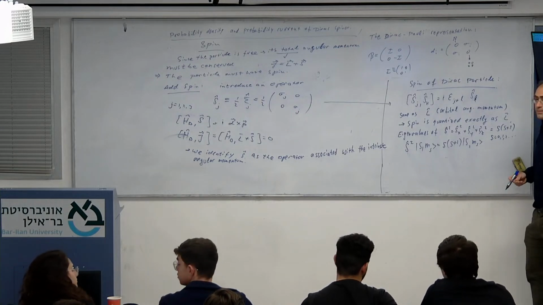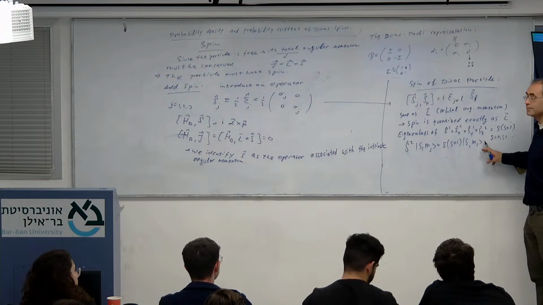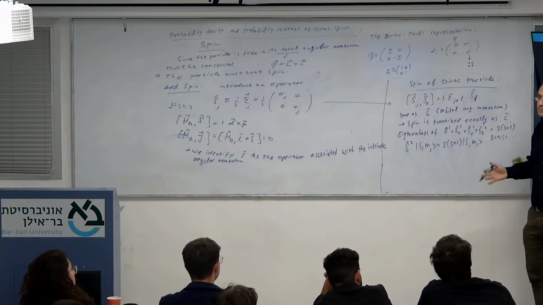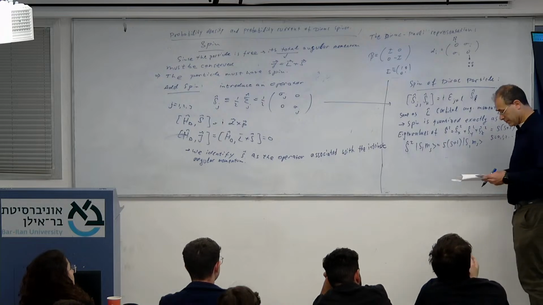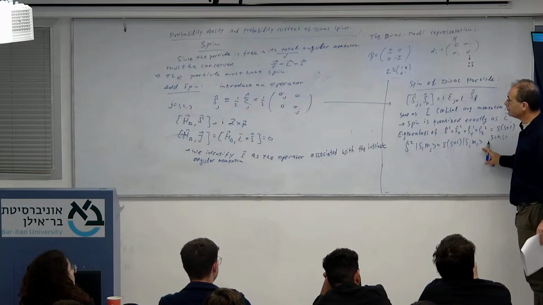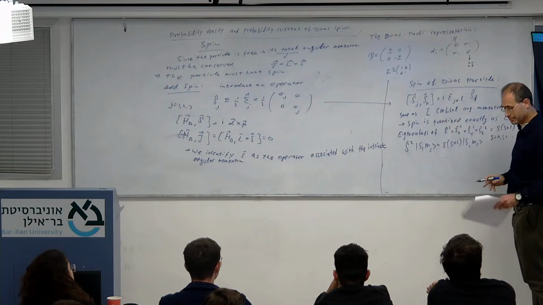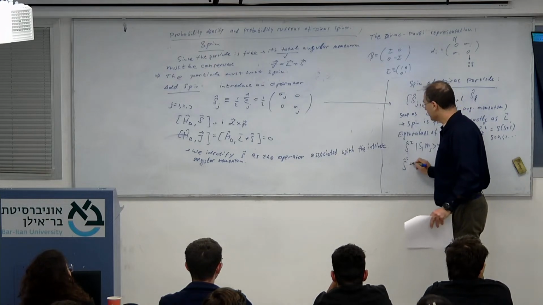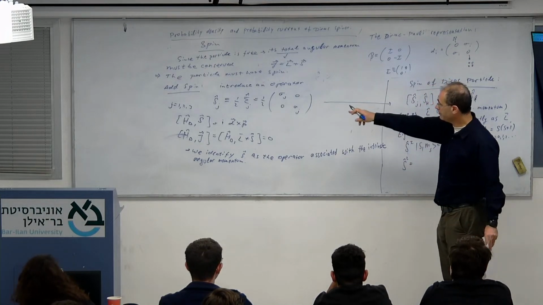So ms is the projection over Z. ms is a projection over one of the directions, normally we'll take it as Z. Now, if we put in direct substitution, what is S squared? It's half.